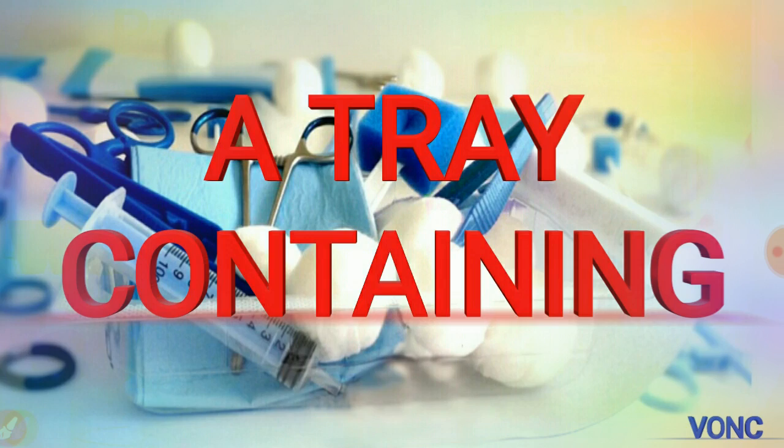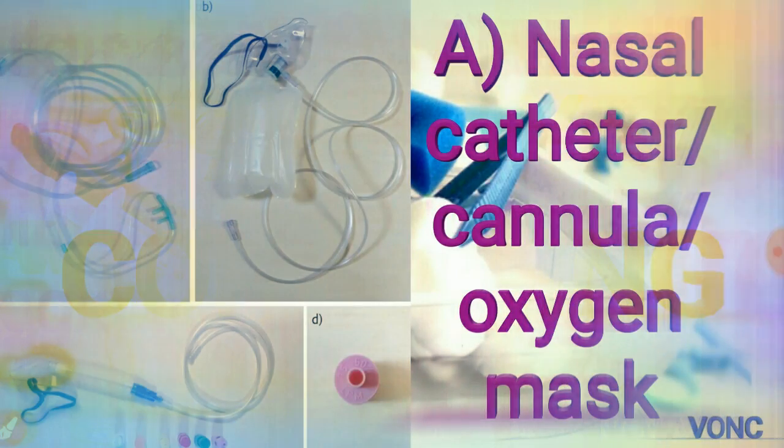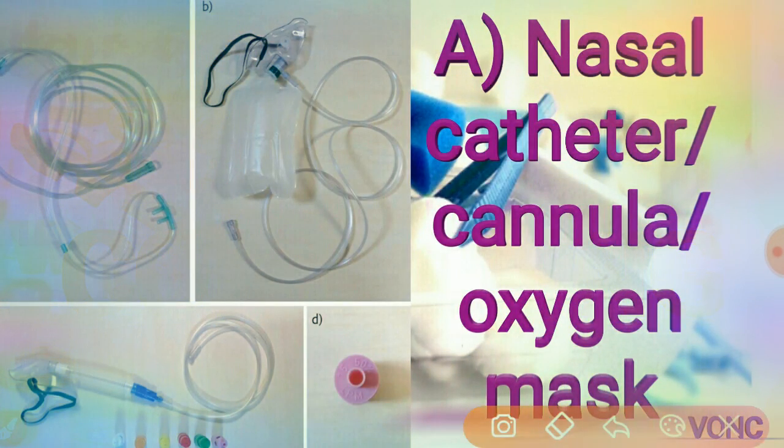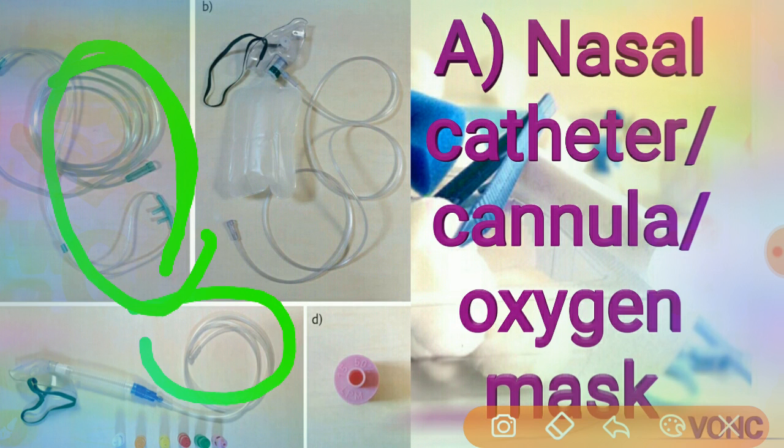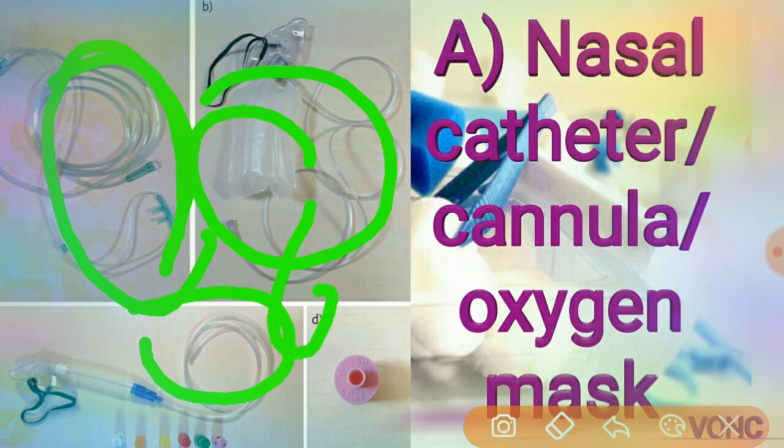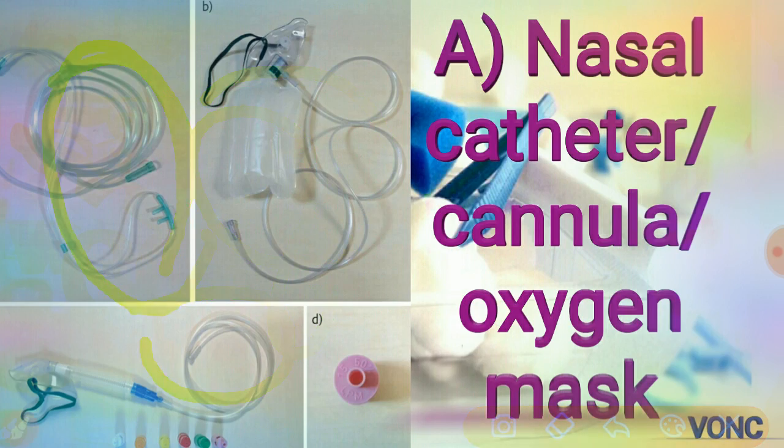In that tray, the first one is the nasal catheter or cannula or oxygen mask. Already we have discussed the oxygen methods. We have to place the nasal catheter, nasal cannula or mask according to the condition of the patient.